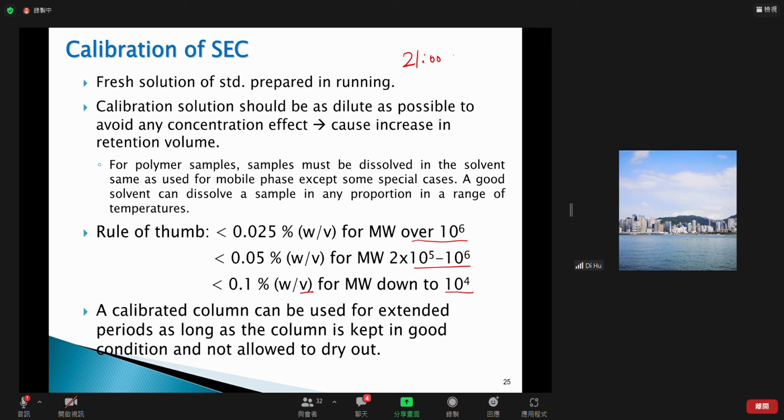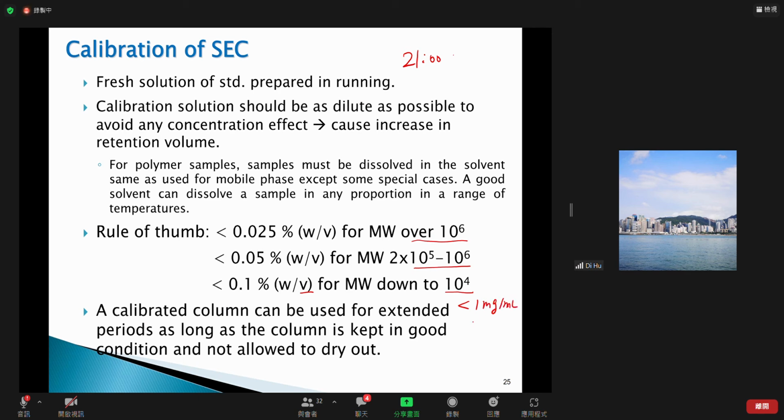But anyway, if it's 1 gram per milliliter and you multiply by 0.1%, that concentration will be about 1 milligram per milliliter, right? So it should be less than normally 1 milligram per milliliter.